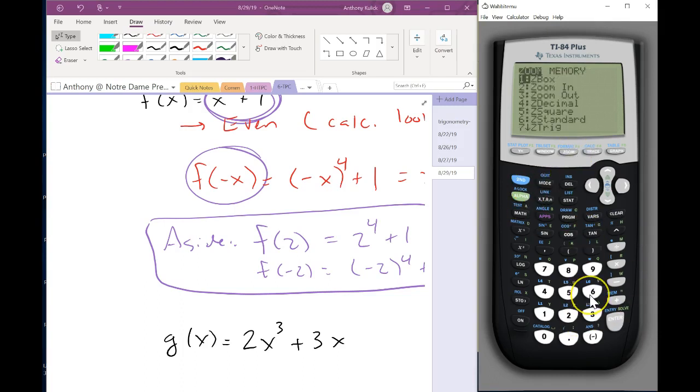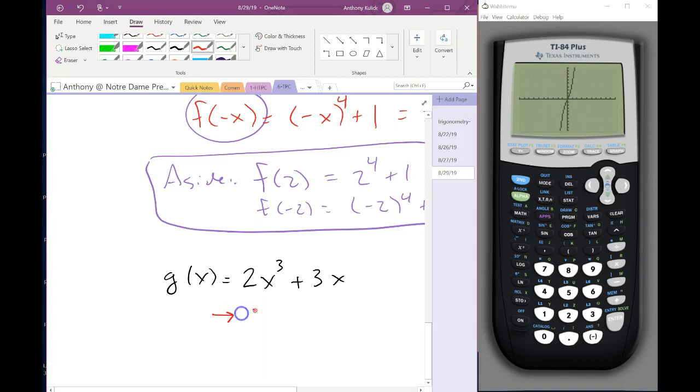So we'll graph this. Again, I'll do zoom and then standard and look at my graph. What does this look like? It looks like that 180-degree symmetry, or an odd function. We can use those two terms interchangeably. And again, we got this by just looking at the calculator.